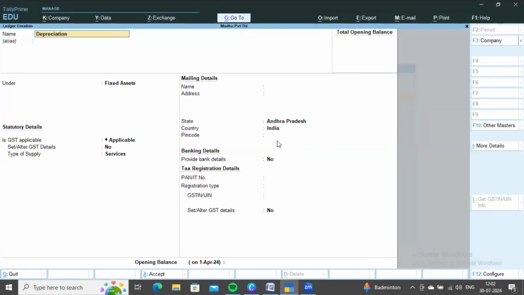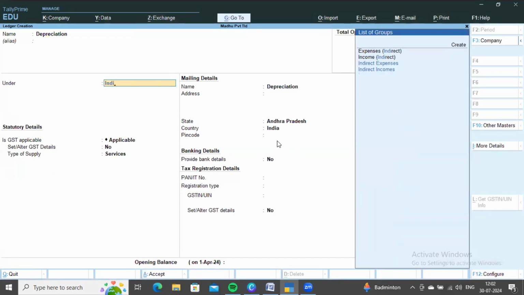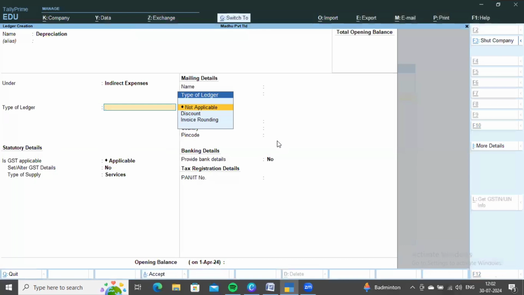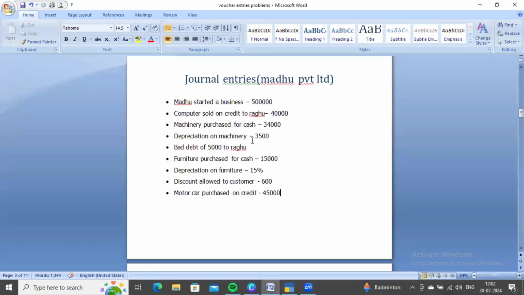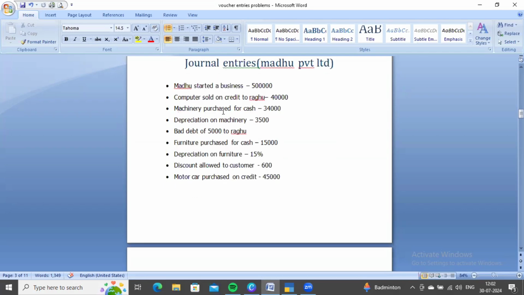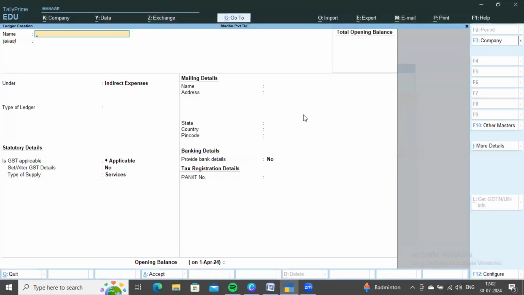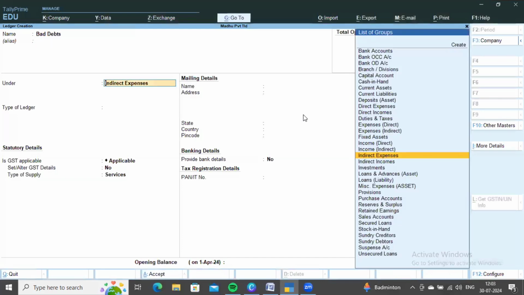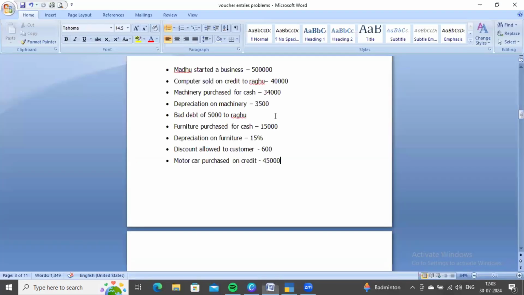Depreciation comes under indirect expenses as it is a P&L item, a profit and loss item. We had already prepared a machinery account, so there is no need to prepare a machinery account again. Bad debts. Bad debts come under indirect expenses as it is a profit and loss item.